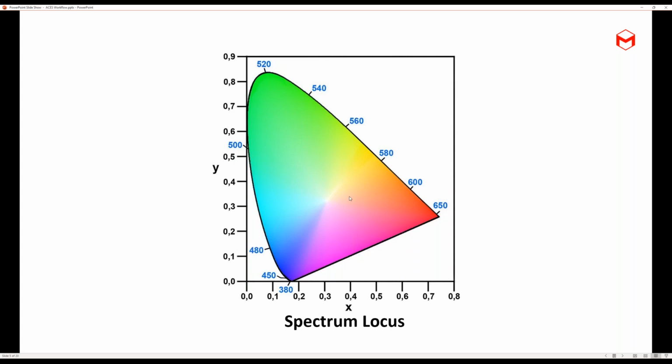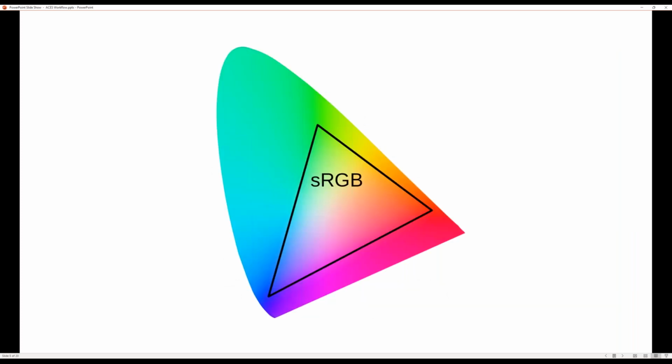So talking about the spectrum locus, it is not complete when we're not talking about color space, right? And I think the most popular color space that we know and use almost all the time is the sRGB color space. Notice that the sRGB color space is just a small fraction, and it sits right in the middle of our spectrum locus.